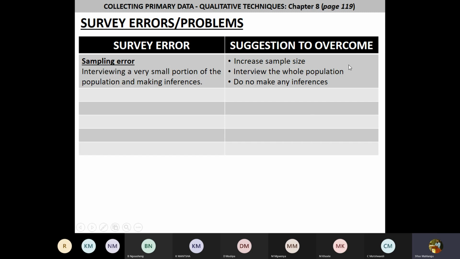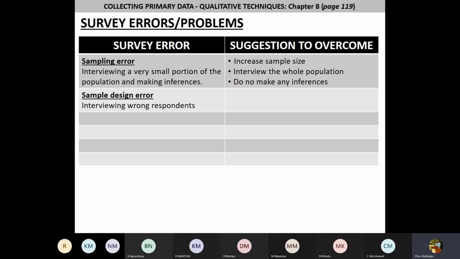So these are the suggestions, and then no one can actually question your research. It's always important to know these survey errors as well as to think about the suggestions so that your research becomes more valid. Remember, in marketing research, the more errors it has, the more invalid it becomes.